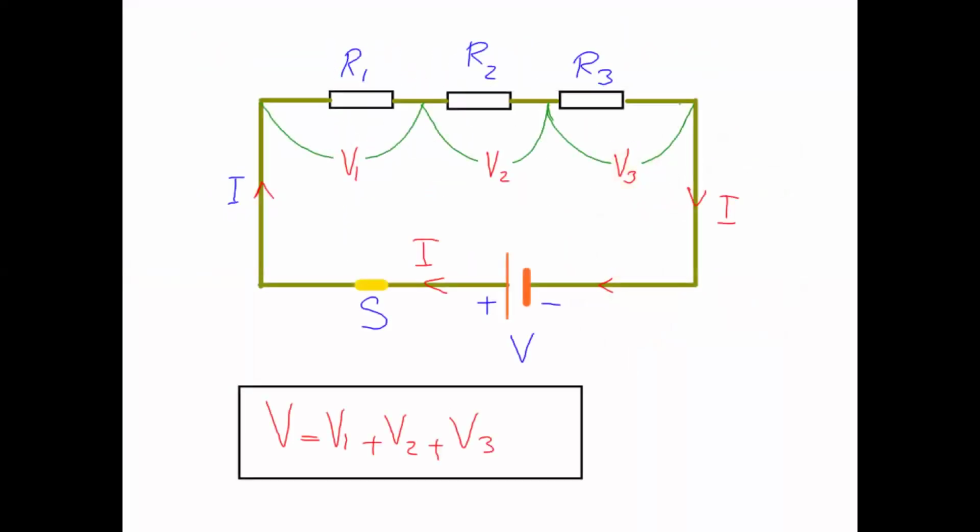After copying the diagram, you have to write under it that in series, voltage is divided and conserved while current is the same. Done. Okay.